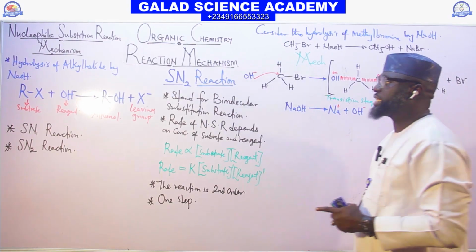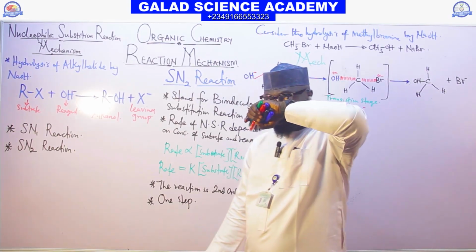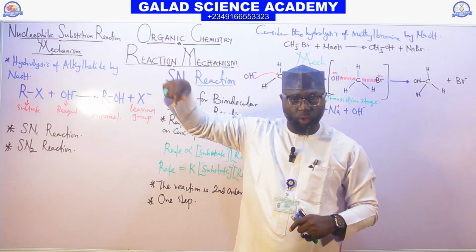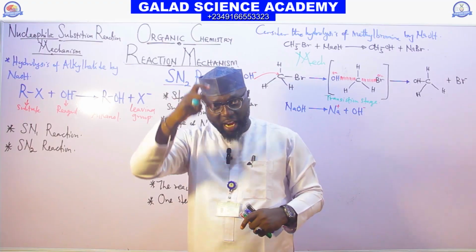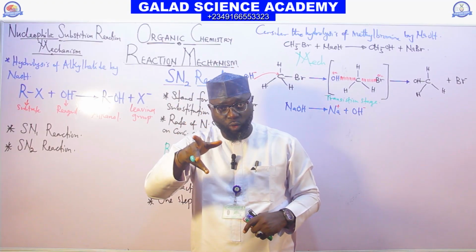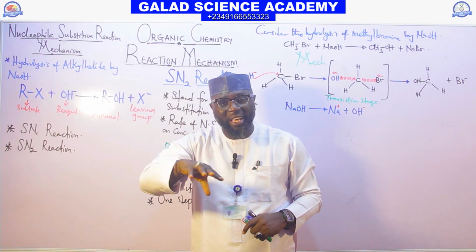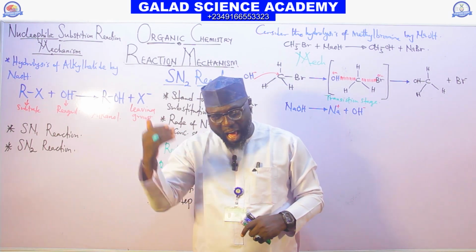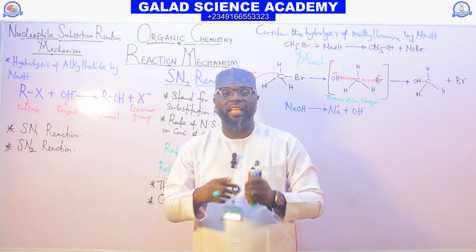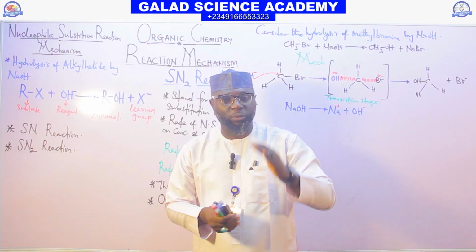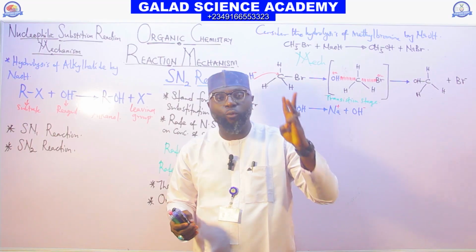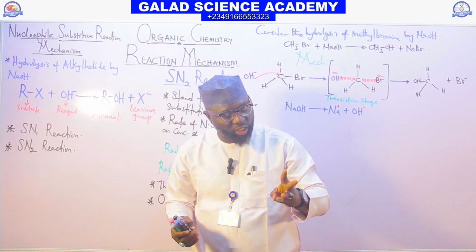So the next aspect that I'm going to explain now is, we are done with the substitution reaction mechanism. Once again, substitution reaction is a reaction in which one of the atoms or functional groups of the molecule is replaced by another atom from another molecule. That's substitution reaction, and it can be grouped into three. When substitution reaction is initiated by free radical, we call it free radical substitution reaction.